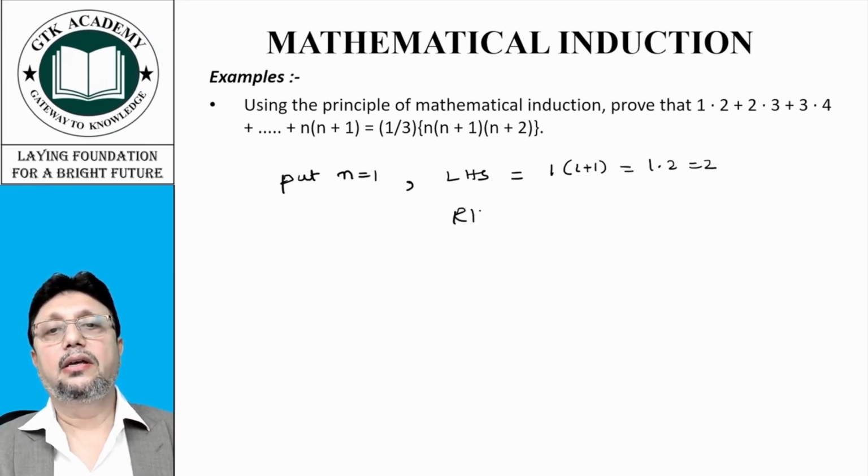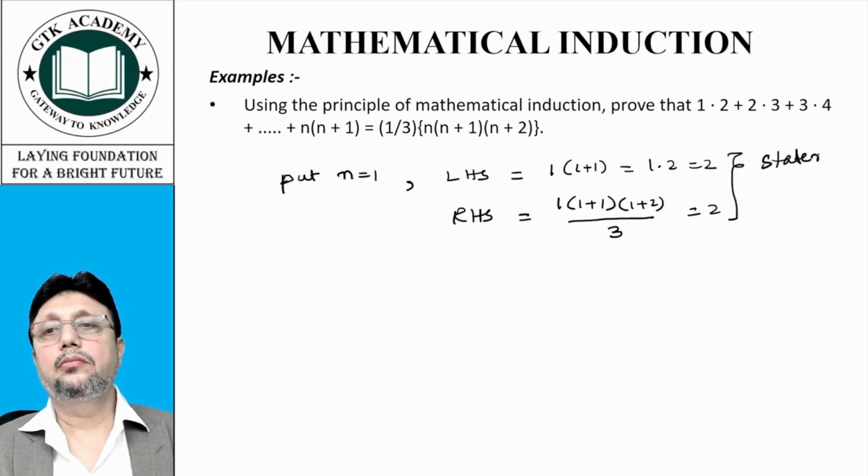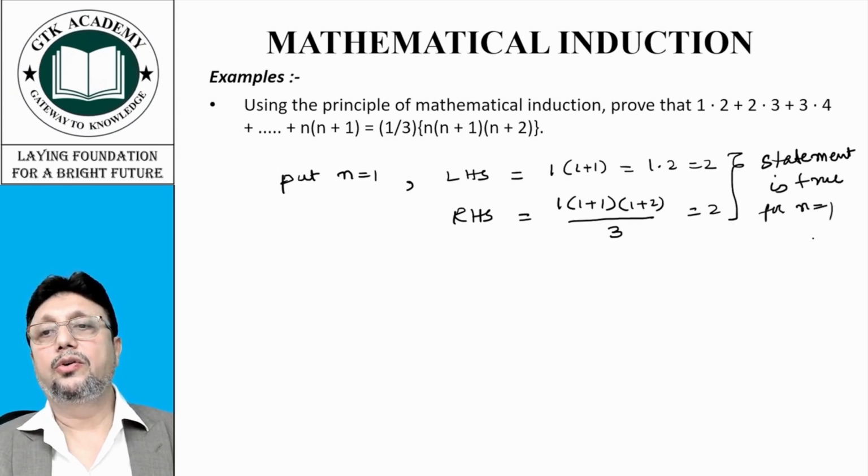Right hand side, put n as 1: 1 into 1 plus 1 into 1 plus 2 divided by 3, which again is equal to 2. That means statement is true for n is equal to 1.